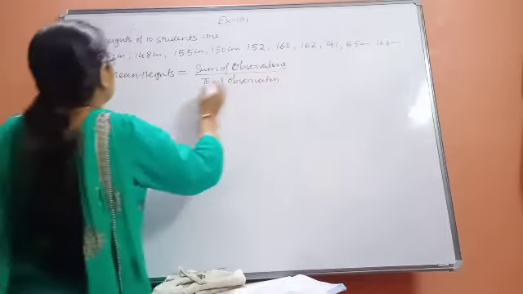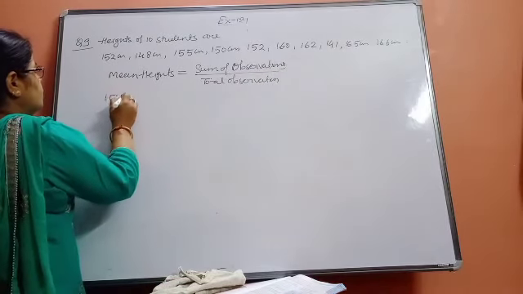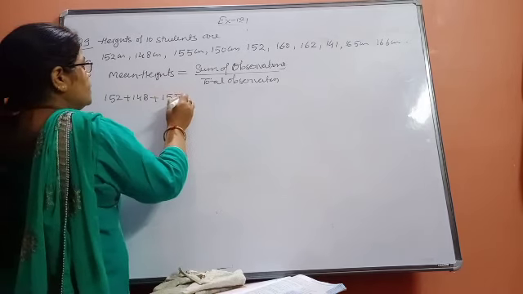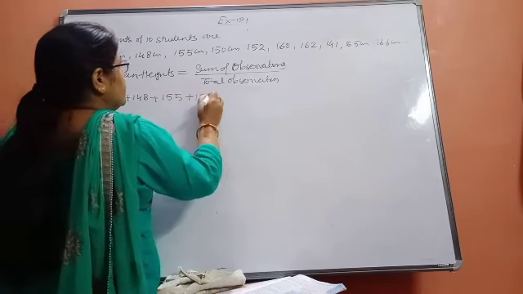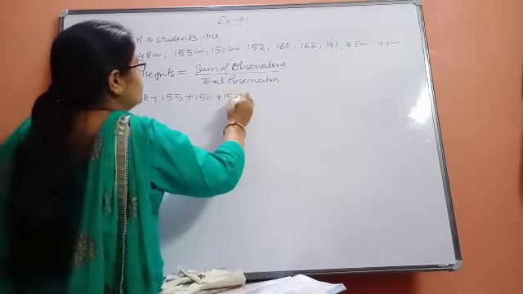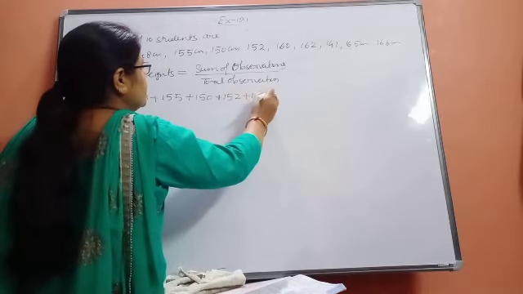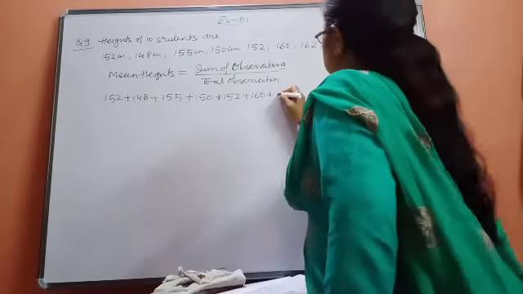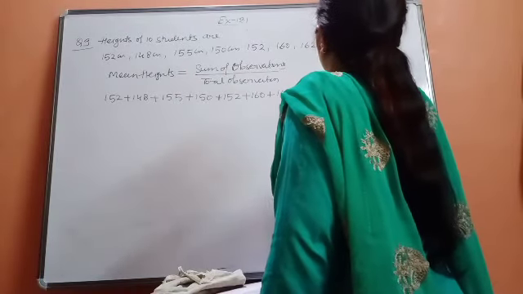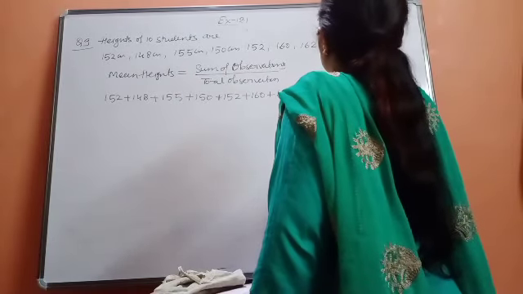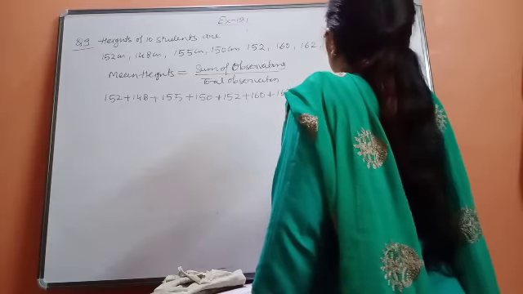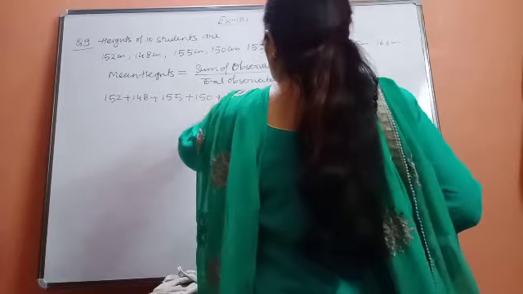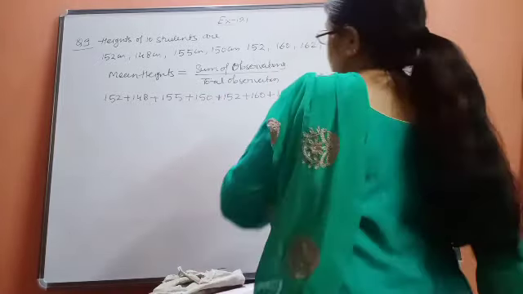So now see that 152 plus 148 plus 155 plus 150 plus 152 plus 160 plus 162 plus 141 plus 165 plus 166. See that they are 10: 1, 2, 3, 4, 5, 6, 7, 8, 9, 10. Okay.